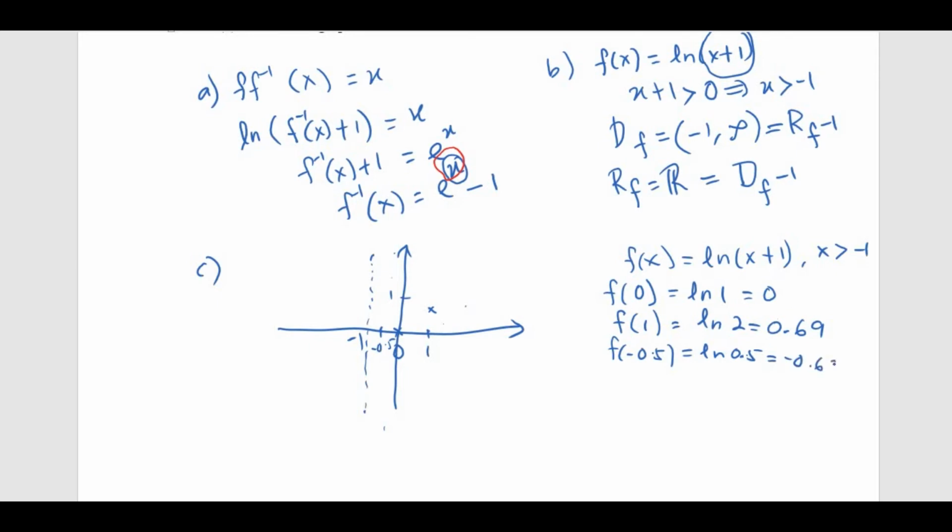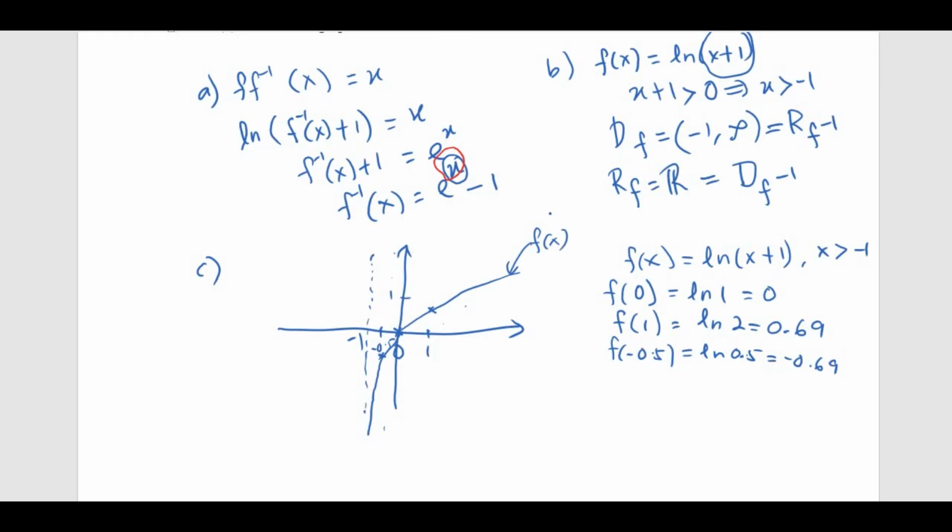So it should be below the x-axis, let's say here. So now you can connect all the 3 points. So this one will go up and this one will go down until it's approaching negative 1. So this is the f of x.